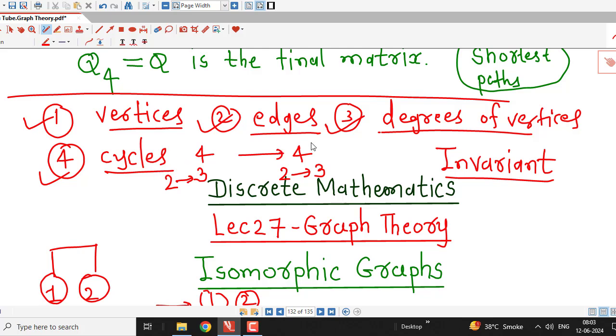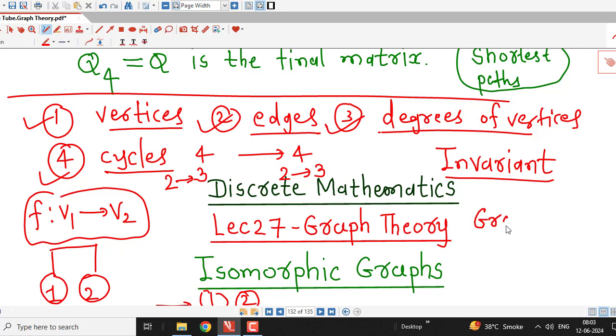But if all these properties are satisfied, it is not necessary that the two graphs are isomorphic. We have to establish the existence of isomorphism. We have to construct a mapping from the vertex set of one graph to the vertex set of another graph which is 1-1 and onto. This type of mapping is called graph isomorphism.